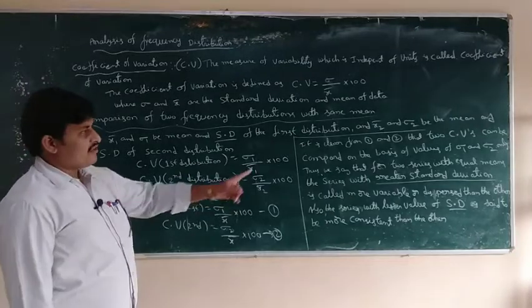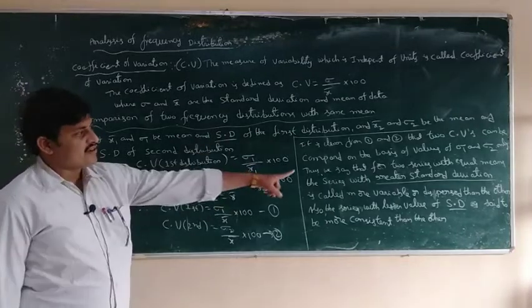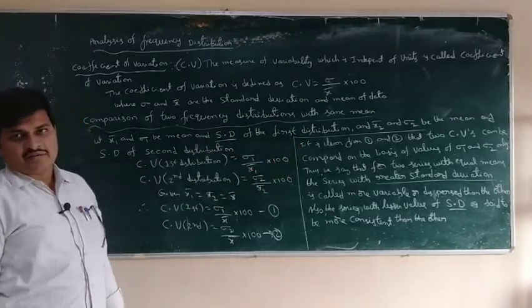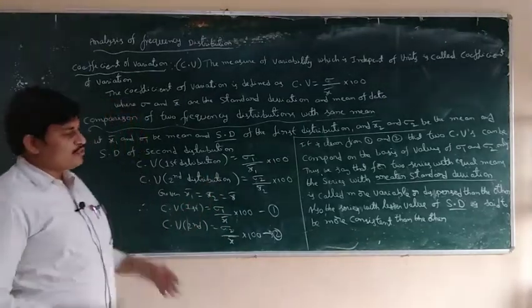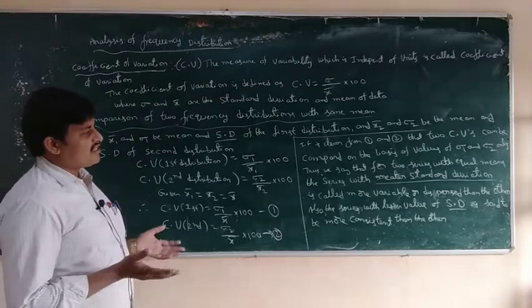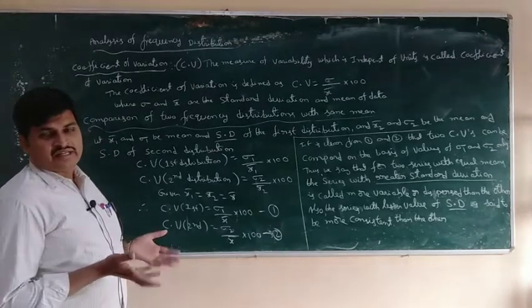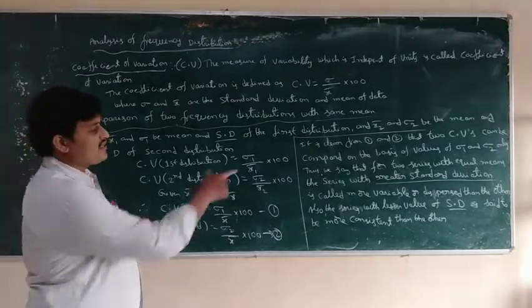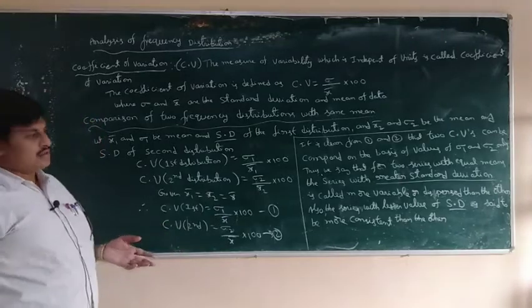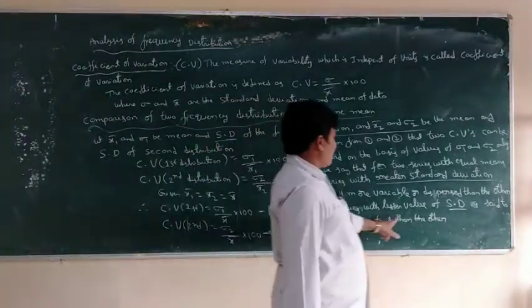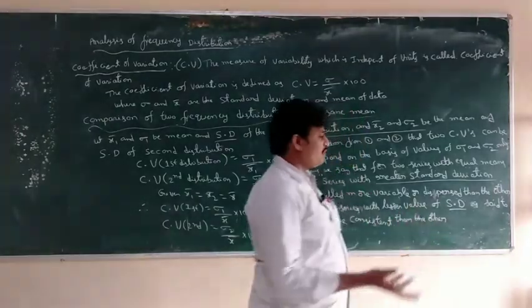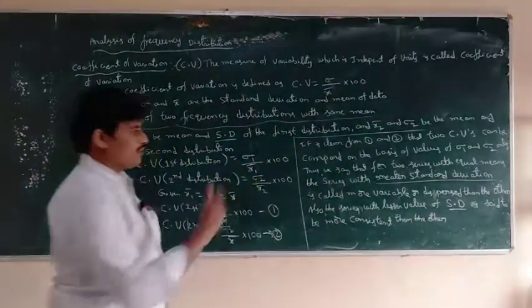The basis of how to compare is the values of standard deviation. Which standard deviation value is greater? Greater means that one is more variable. The series with the greater value is more variable.